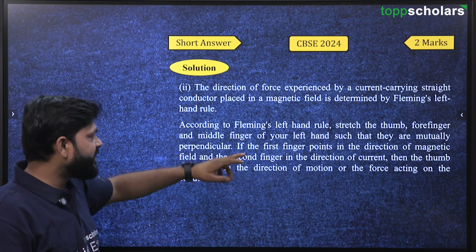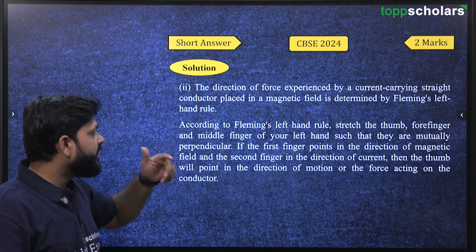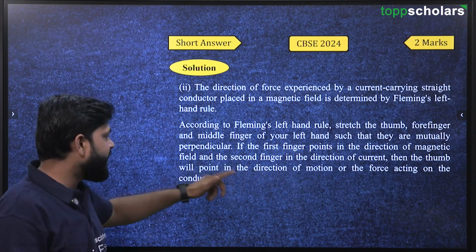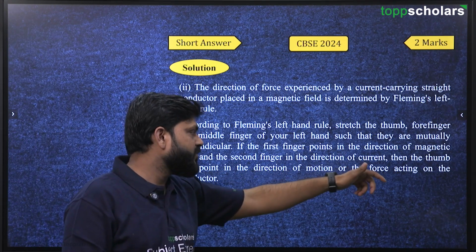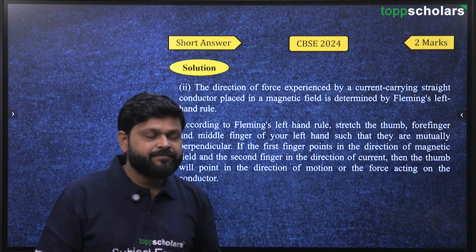If the forefinger points in the direction of the magnetic field and the middle finger in the direction of current, then the thumb will point in the direction of the motion or the force on the conductor. So that is Fleming's left hand rule.